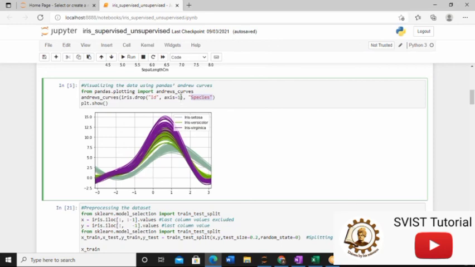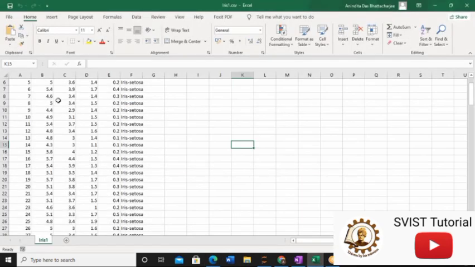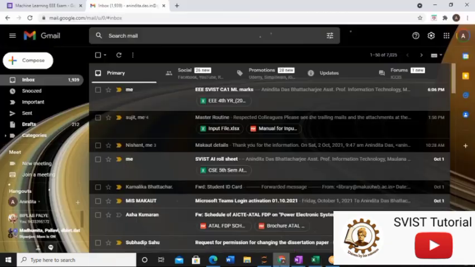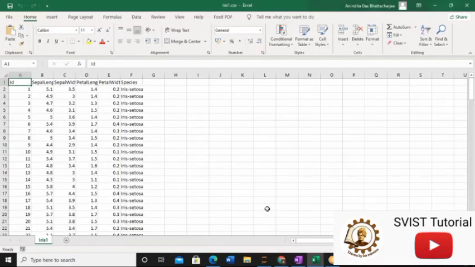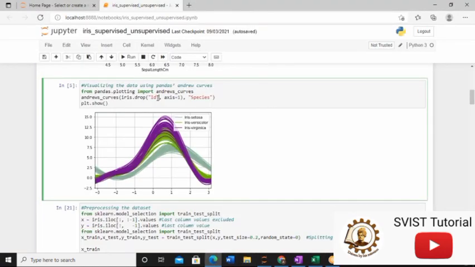And what is this axis and ID? I am working on this dataset, and in this dataset you have one ID part. That ID part is not important, so I have dropped it.